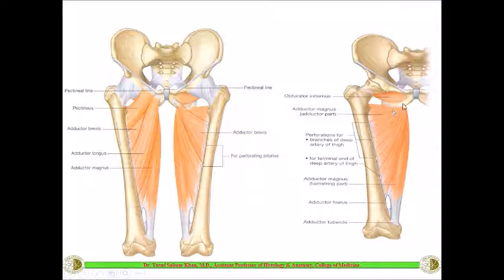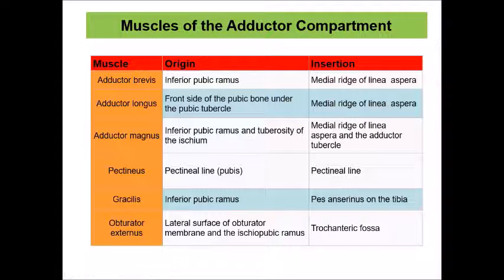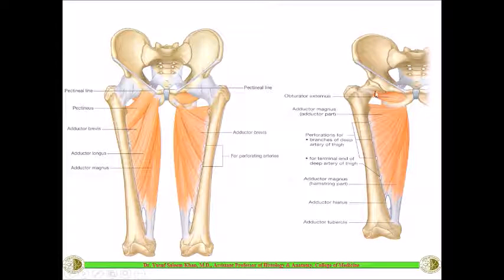The adductor magnus takes origin from the inferior pubic ramus as well as the ramus of the ischium, and a small part even goes up to the tuberosity of the ischium. This ramus is called the ischiopubic ramus.